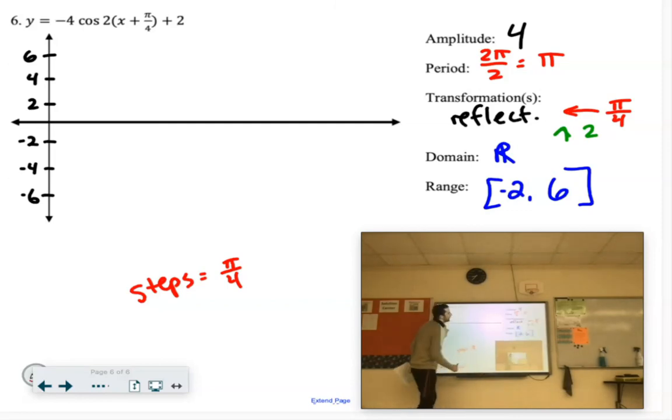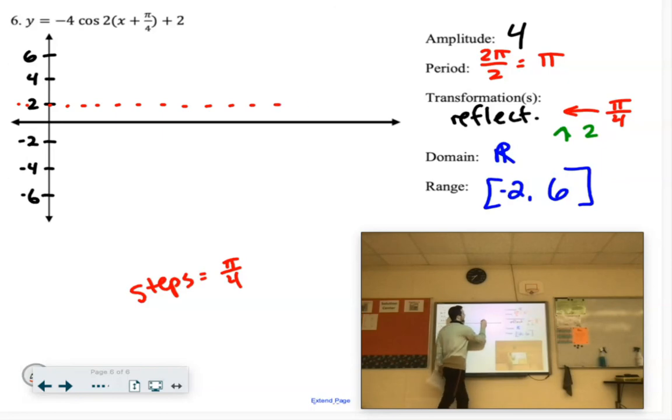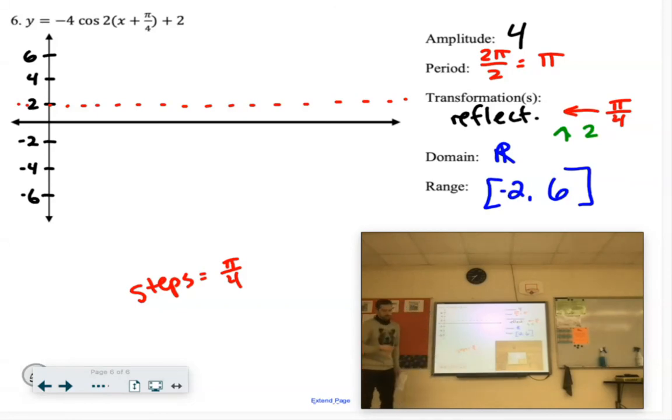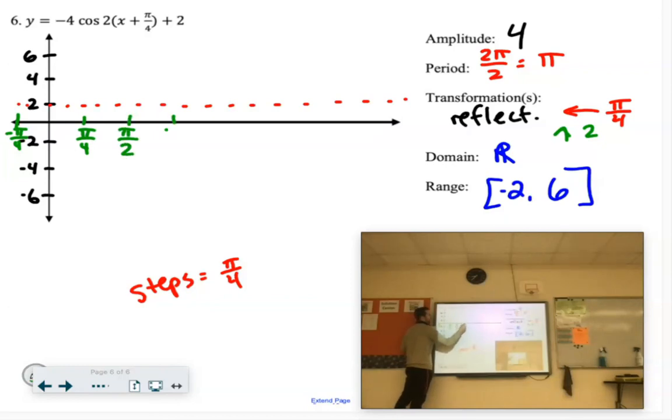Our center line is at that positive 2. We're shifting to the left pi over 4, and we're marking off every pi over 4. So we're going to be at -pi over 4 here. It's getting a little scrunched with my other numbers. -pi over 4, 0, positive pi over 4. 2 pi over 4, which reduces to 1/2. 3 pi over 4.